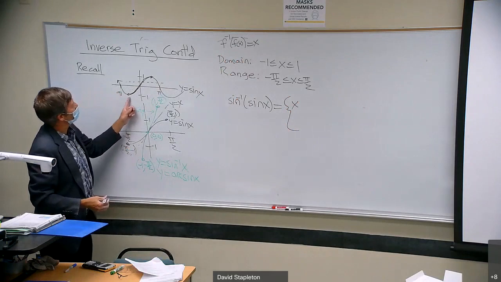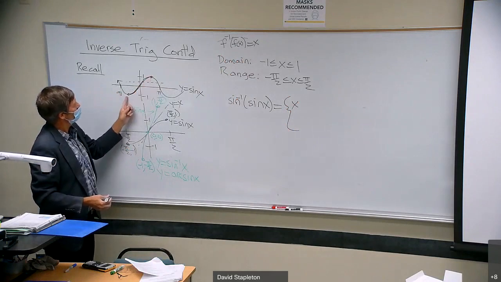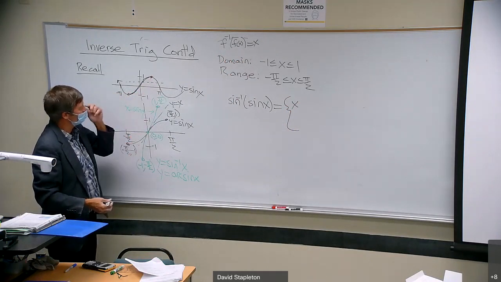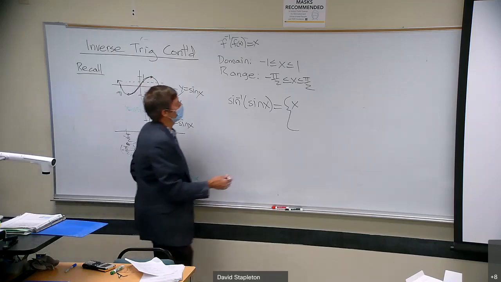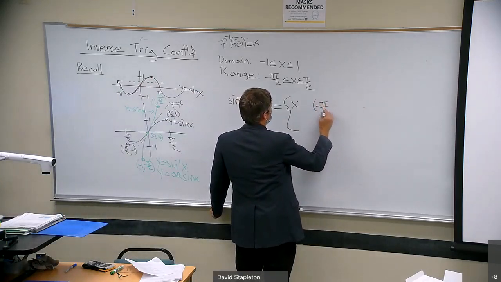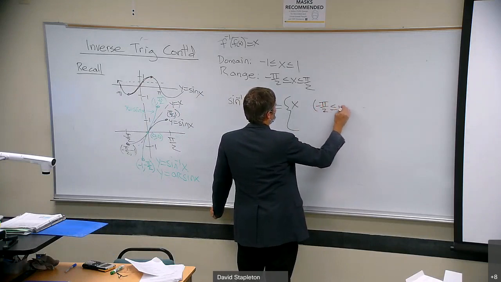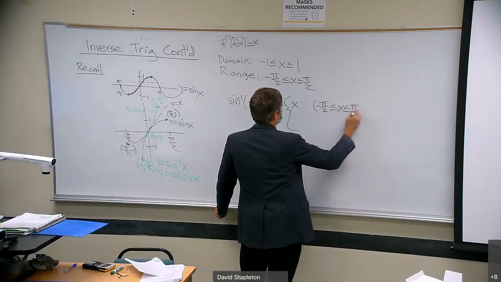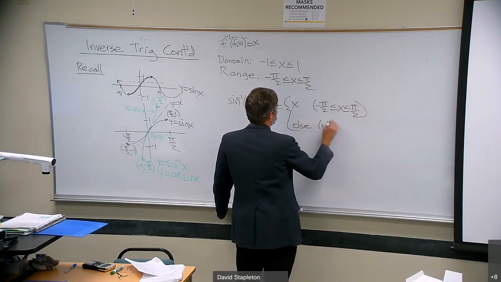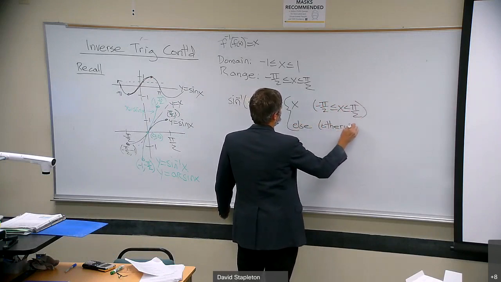Because we only took a piece of the sine function, right? The arc sine is actually not the inverse of the whole sine function. It's only the inverse of this piece of the sine function. So it only gives you back x if you start on that piece, minus pi over 2 less than or equal to x less than or equal to pi over 2, first or fourth quadrants. And it gives you something else otherwise, which we will discuss later.